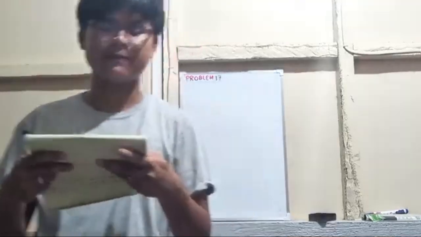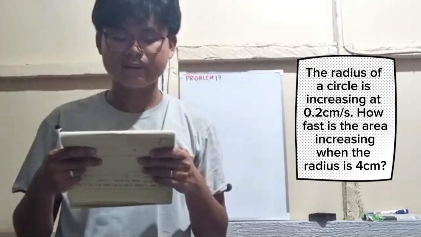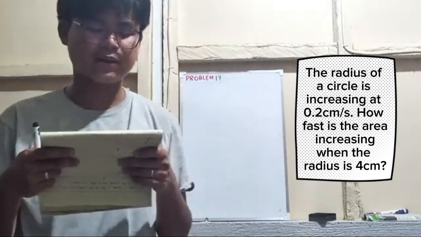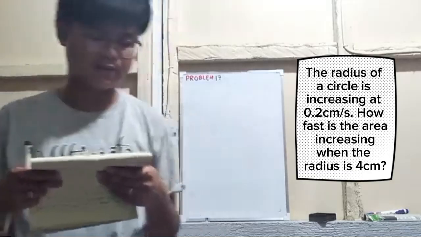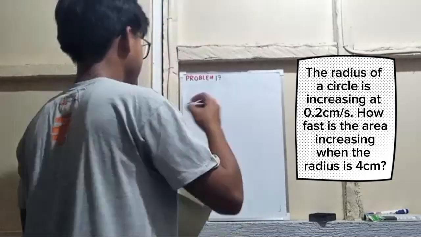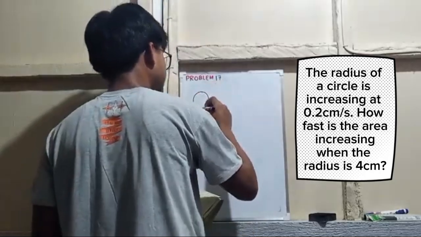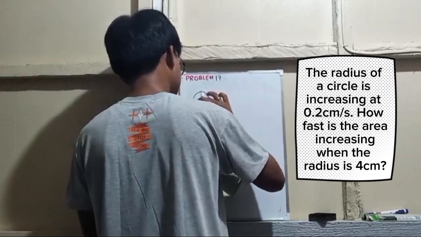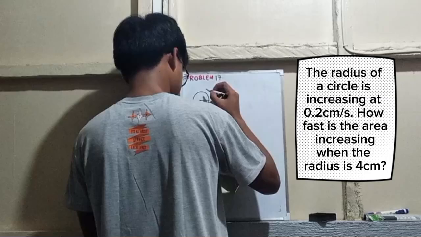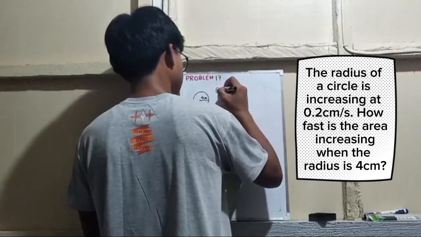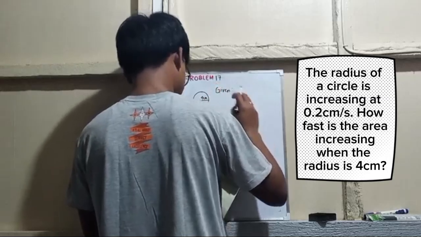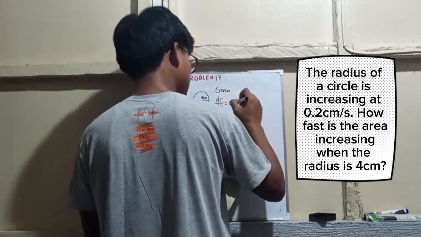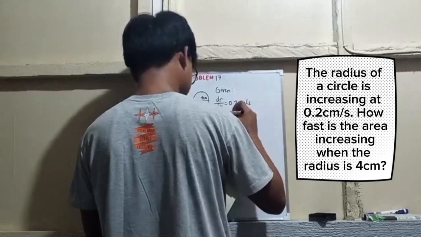So we'll proceed to problem 17. The radius of a circle is increasing at 0.2 centimeter per second. How fast is the area increasing when the radius is 4 centimeters? So first we'll draw the circle and we'll identify the given as radius. This radius is equal to 4 centimeters and our rate of radius dr over dt is equal to 0.2 centimeter per second.